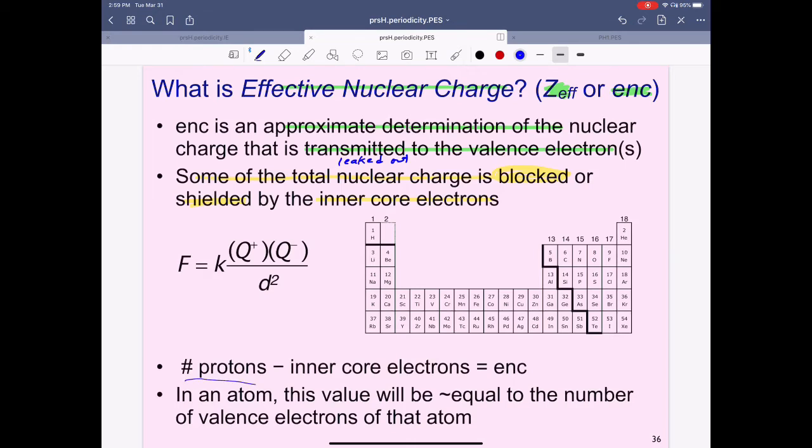Number of protons minus inner core electrons will equal effective nuclear charge. And you can do that math, but for all intents and purposes, in any atom, this value is approximately equal to the number of valence electrons. Of course, for the valence electrons, the effective nuclear charge will be equal to the number of valence electrons.